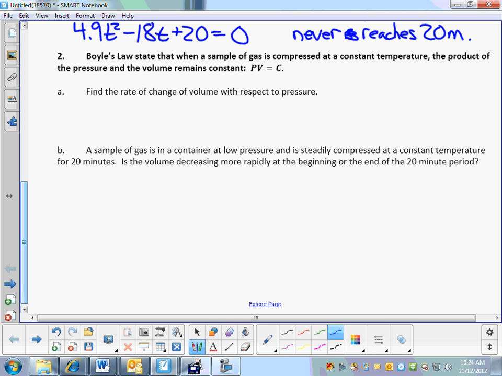So if I'm finding the rate of change of volume, I'm looking for the derivative of the volume. Okay, so let's start by solving for the volume. The volume is equal to C divided by P.